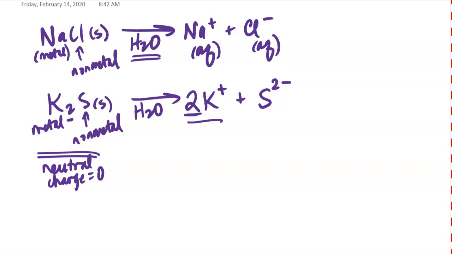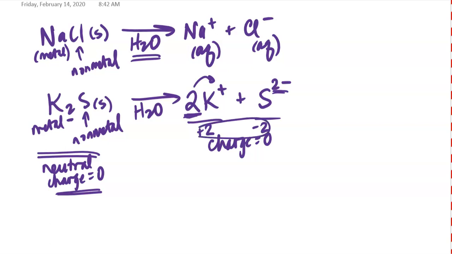But on this side, I had 2 ions. Now, if the charge is 0 on this side, I have to make sure that the charge is 0 on the other side as well. By inserting this coefficient of 2, 2 times +1 would be +2. Notice that I have a 2- charge, that would be -2. If I add these charges together, I get the charge of 0 that I'm expecting.